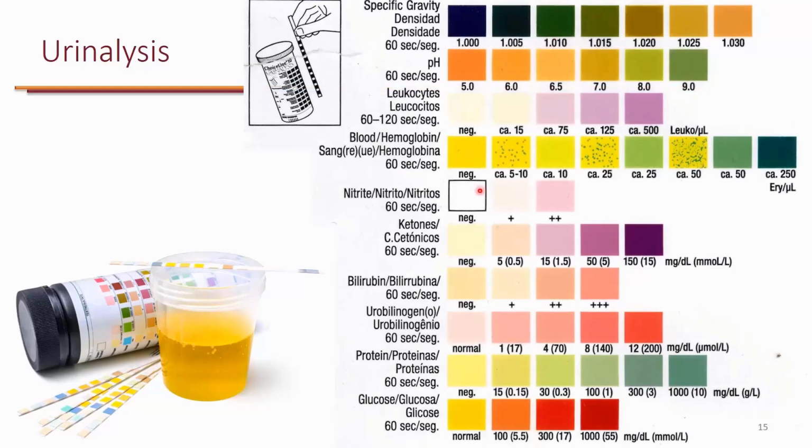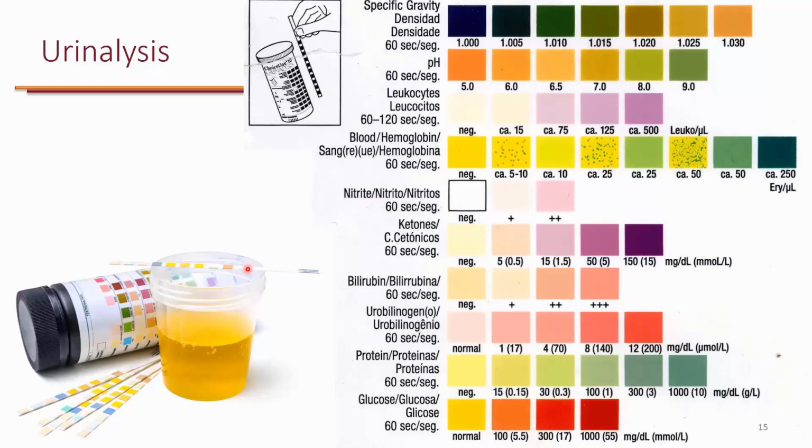And you don't need to memorize this or anything. It's just for your information. But basically, based on the color, they will tell you the results of the UA, or urinalysis. I'll give you one example. One thing that they look for is the presence of nitrite.